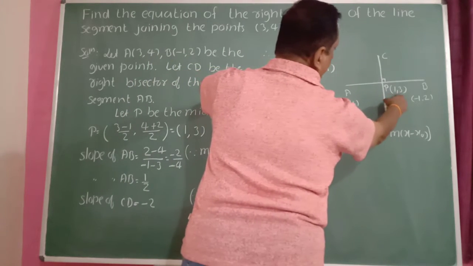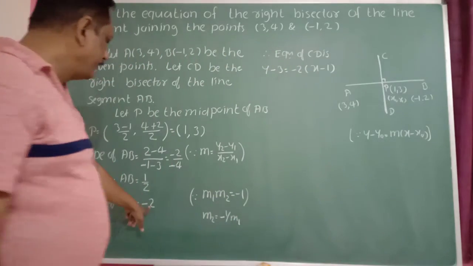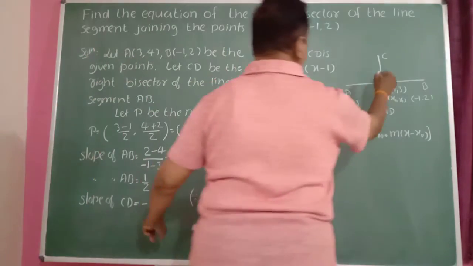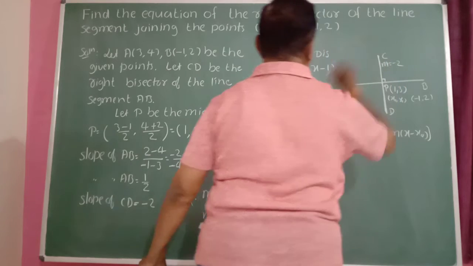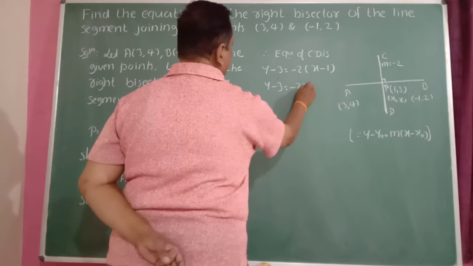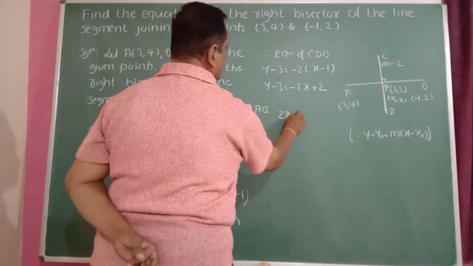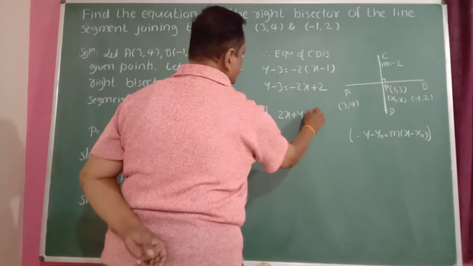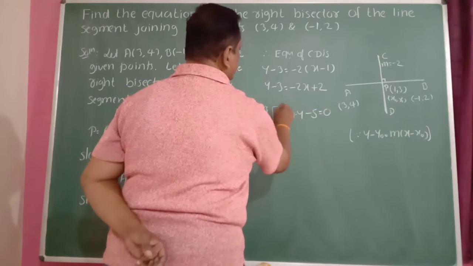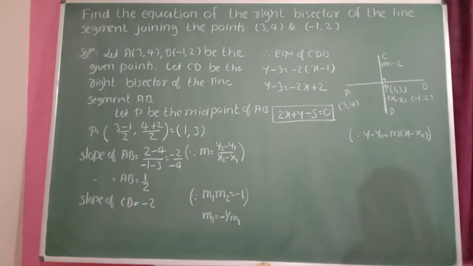Here this is x0 and y0, and here is the slope m, so m is equal to minus 2. Apply here. Then y minus 3 is equal to minus 2x plus 2. Take both terms to the left side: 2x plus y minus 3 minus 2 gives minus 5 is equal to 0. So this is the required equation of the right bisector: 2x plus y minus 5 is equal to 0. This is the answer.